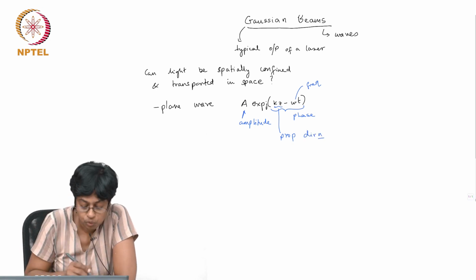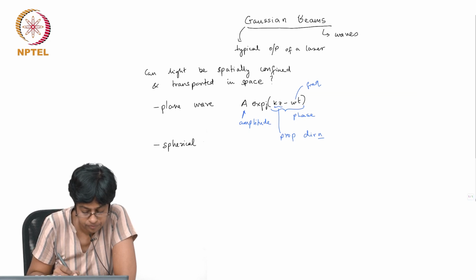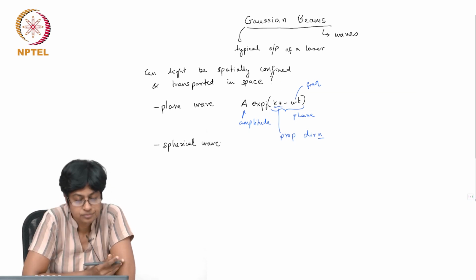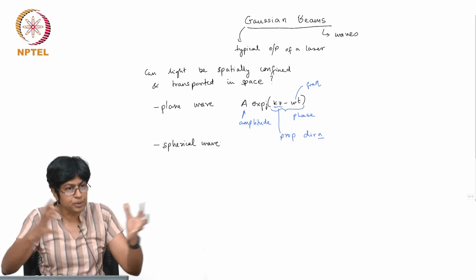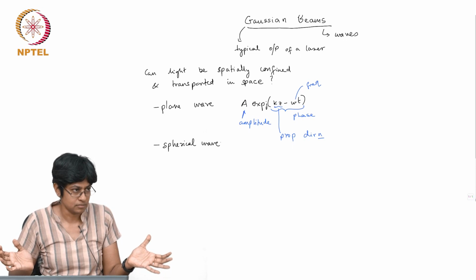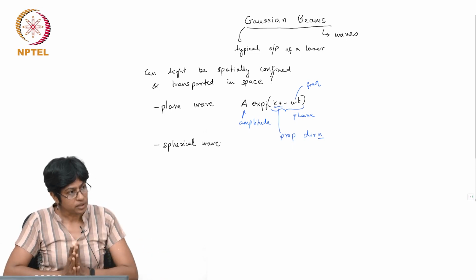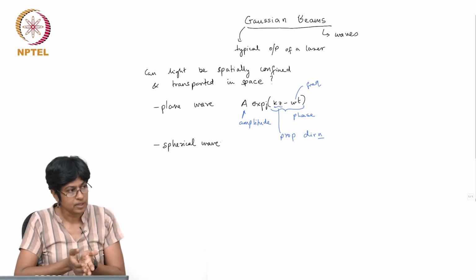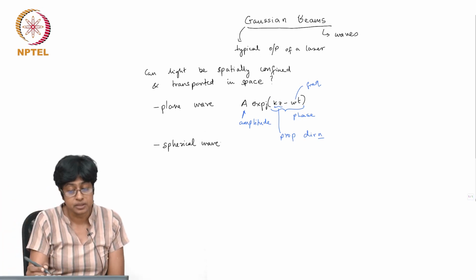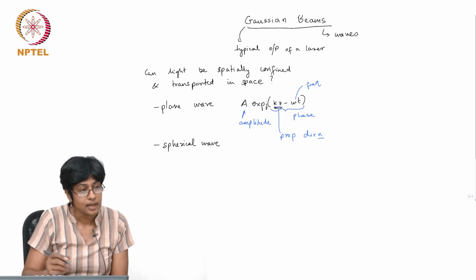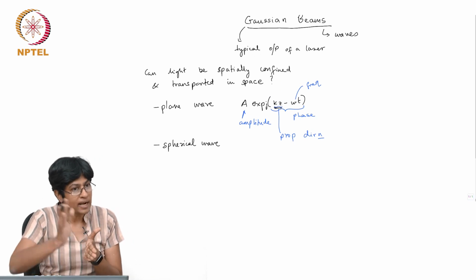You could think of a spherical wave. And in a sense, these two kinds of waves are sort of completely opposite in nature. Right? Because what is the property of a plane wave? As it propagates, you can see from this equation, it's propagating in one direction.